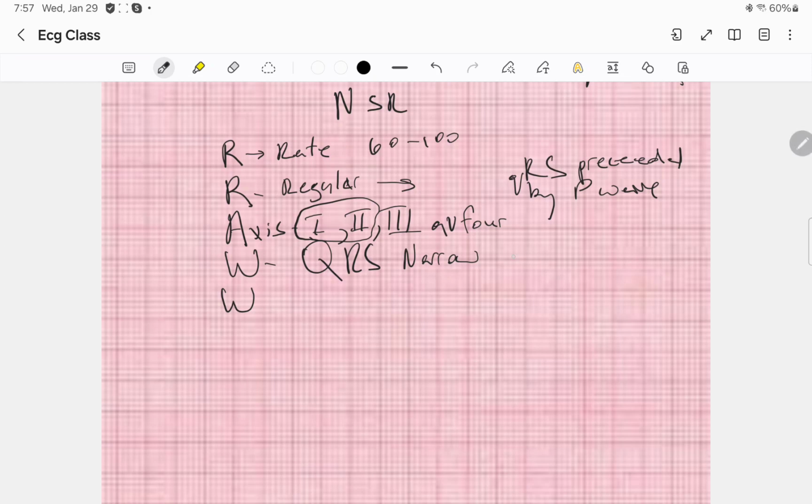So a narrow QRS is less than or equal to 0.1 seconds, which is 2.5 small boxes.